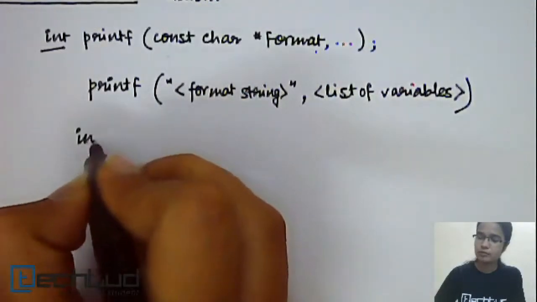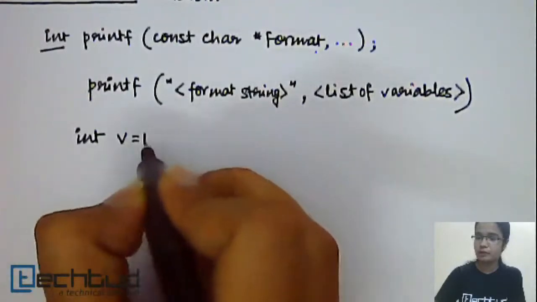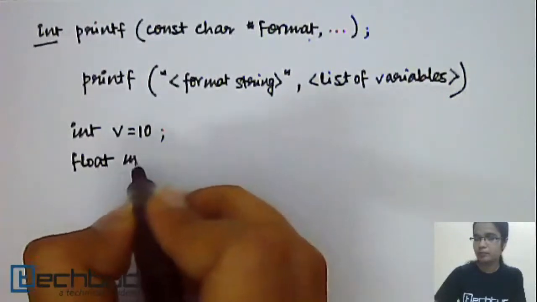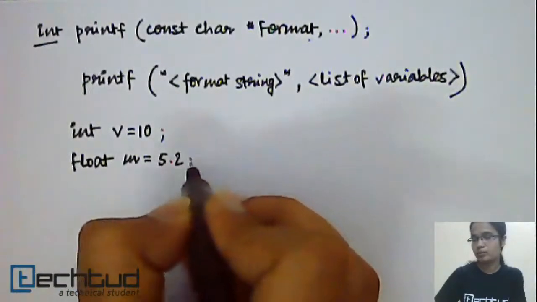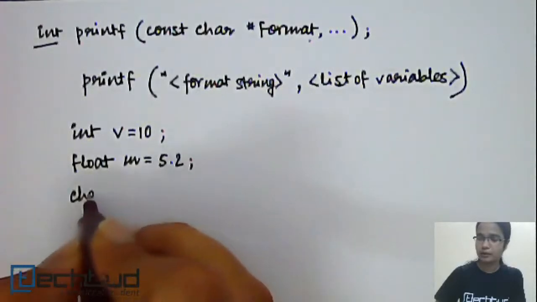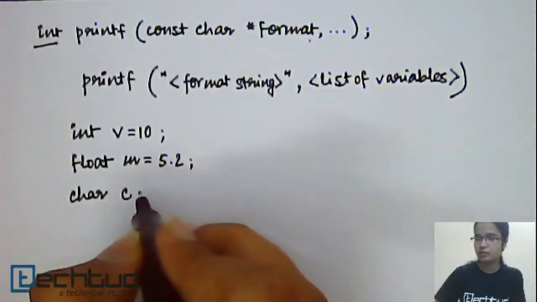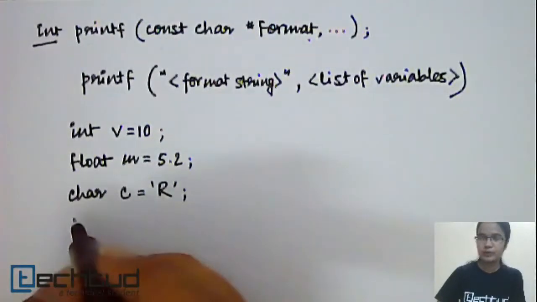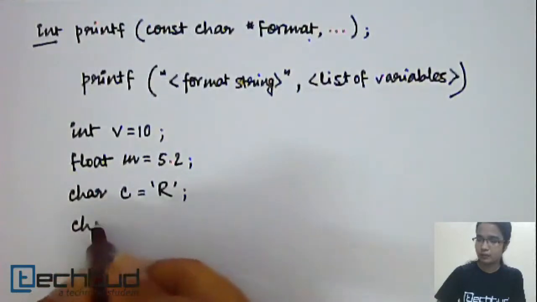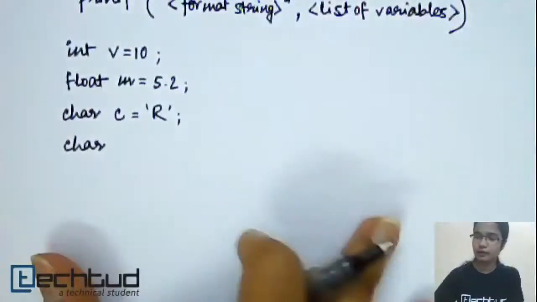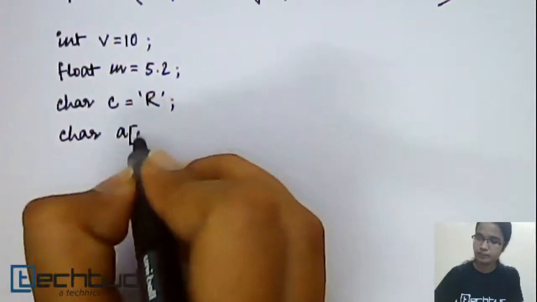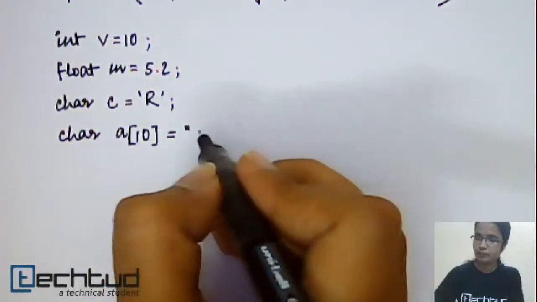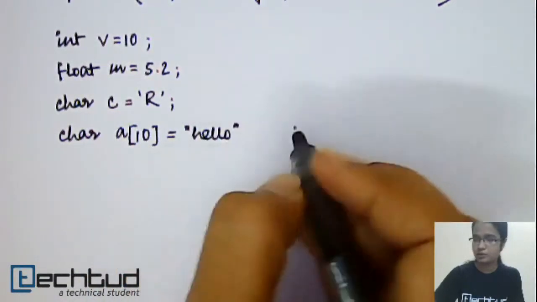Let's say you have an integer variable v whose value is 10, then a float variable m whose value is 5.2, and a character variable c whose value is R. Let's say an array of characters a, where I have put hello as a string.